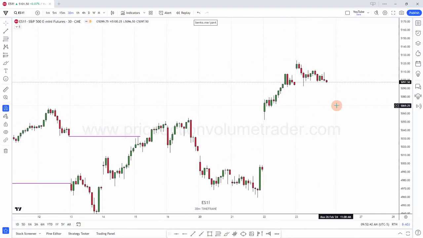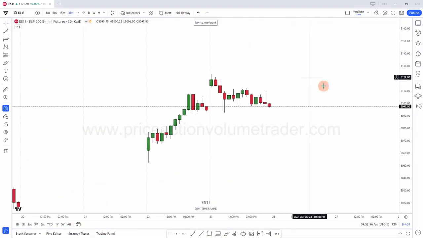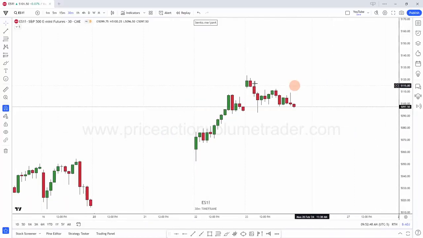Like you can see, for example, this one that we had just on the previous close before today. We had the candle close here, and then if we extend this, we had the gap up.